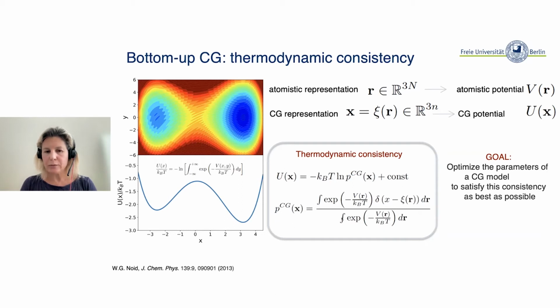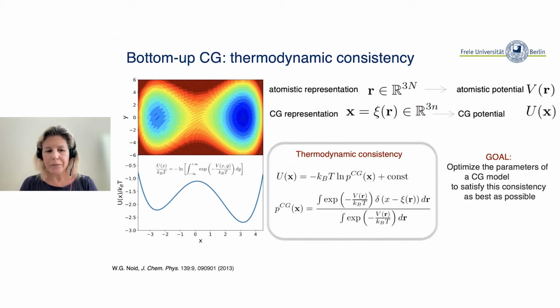So in principle, the problem is solved because you have an expression for the effective energy function that gives you thermodynamic consistency. In practice, these integrals are impossible to solve because they are extremely high dimensional. You go from millions of degrees of freedom to maybe hundreds, so you cannot do this integral. Here we could do it because it's in 2 dimensions, but in practice we cannot.